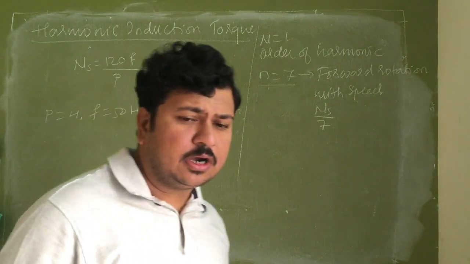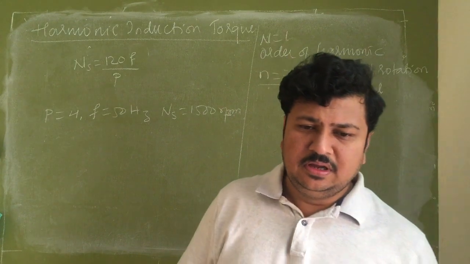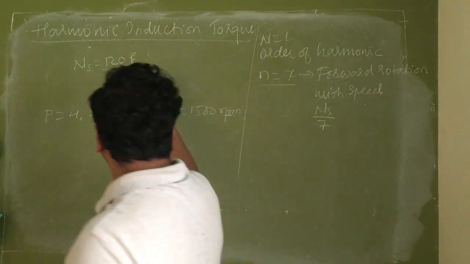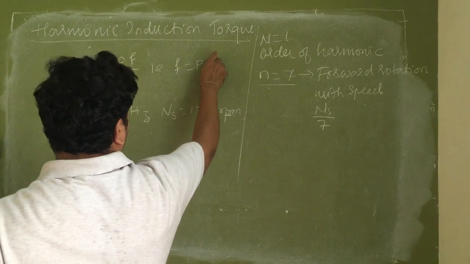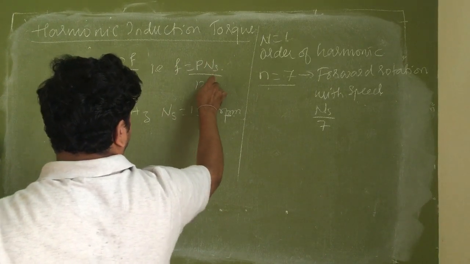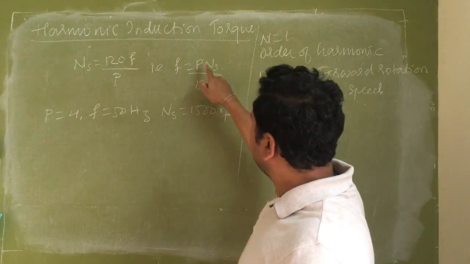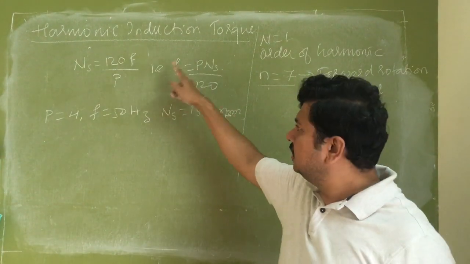But frequency is not automatically generated. Frequency always depends upon the number of poles. f is equal to P ns by 120. Whatever the number of poles I have, based on that the frequency will be there.